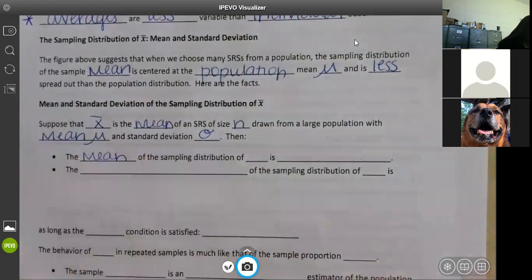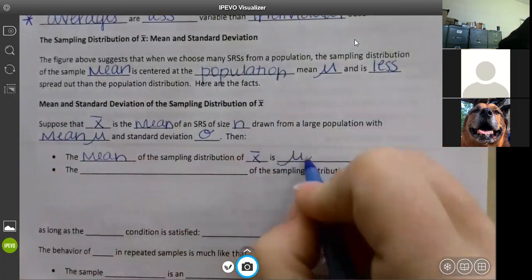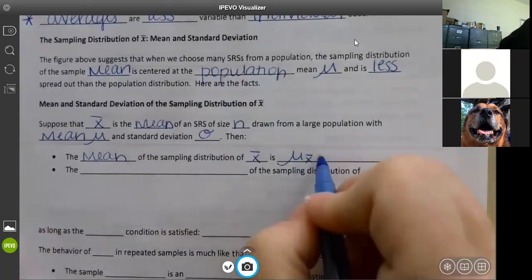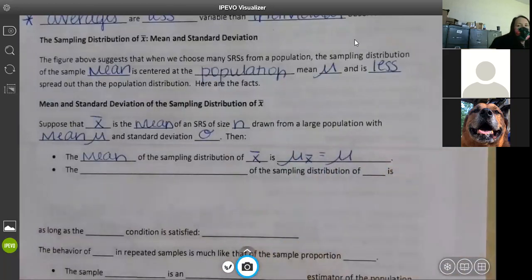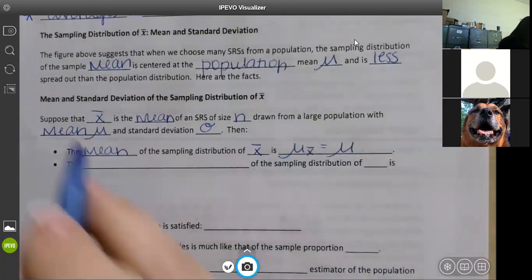The mean of the sampling distribution of X bar is mu sub X bar equals mu. So they're the same thing. The mean of the sample is the same thing as the mean of the population.